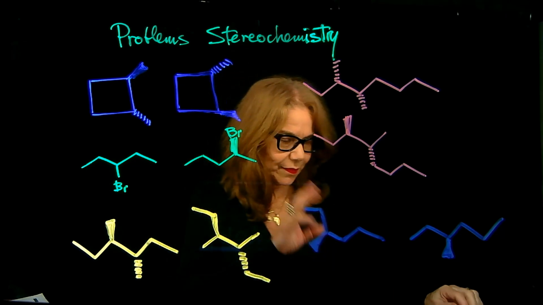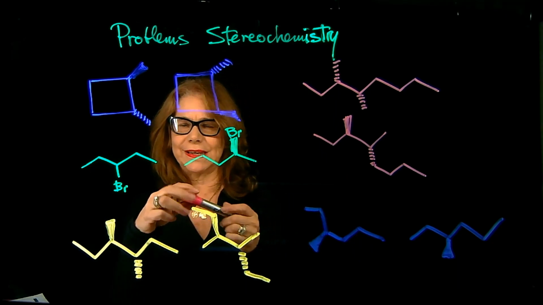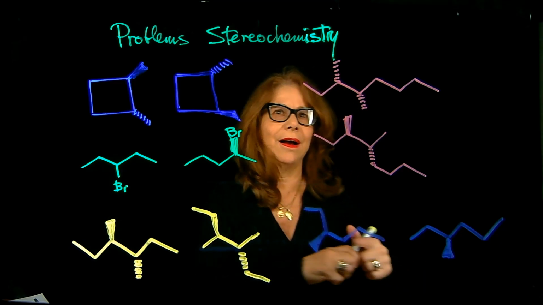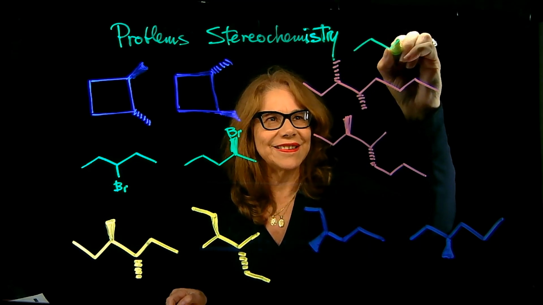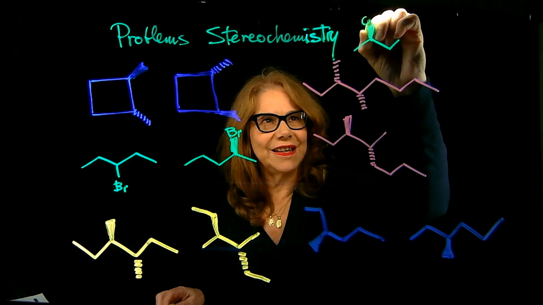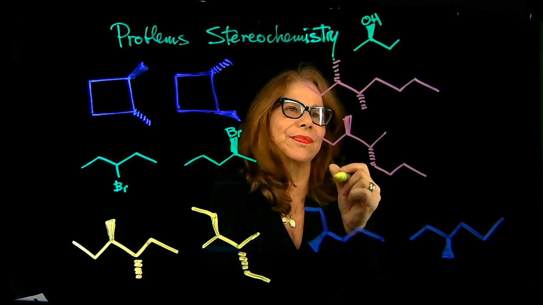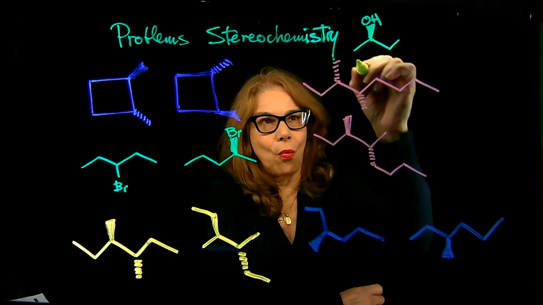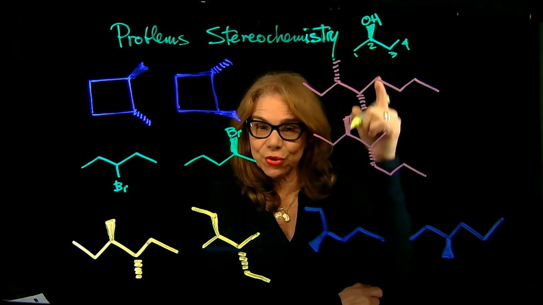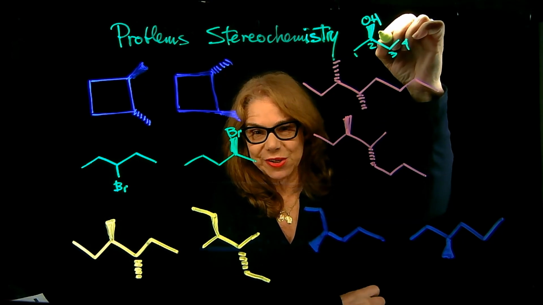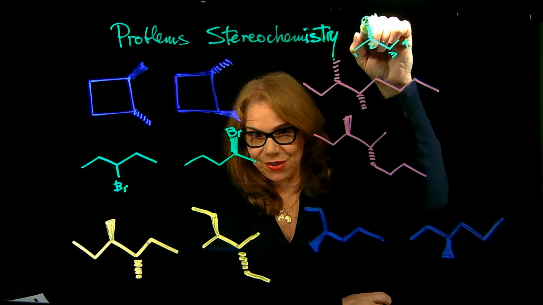Now, first to remember things a little bit, I'm going to make a tiny drawing here. This compound is 1, 2, 3, and 4. This is 2-butanol, but it's also R-2-butanol. So priority 1 is the OH.